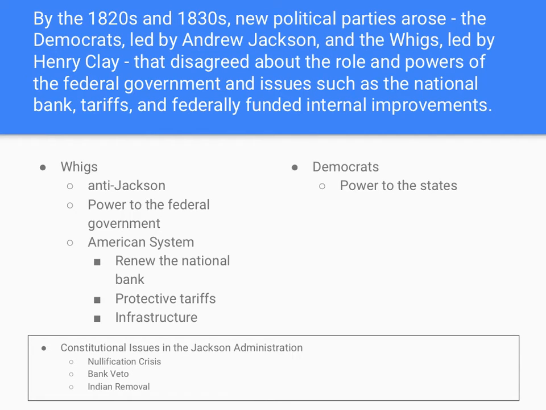But Jackson, just like with the bank veto, again said that it was his executive power to sign the Indian Removal Act into legislation and enforce the Indian Removal Act because that's what the people wanted. So in both the bank veto and the Indian removal, Jackson essentially argued that the people felt that these issues were unconstitutional, and therefore, no matter what the Supreme Court decided, Jackson was going to do what the people wanted because that's what the president was supposed to do.